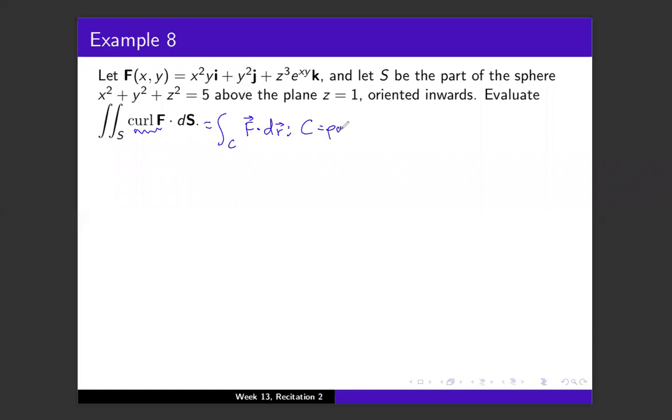C is the boundary of the part of the sphere. And what that really means is it's going to be a circle, right? With z equals 1, and if z equals 1, that means that x squared plus y squared is equal to 4.